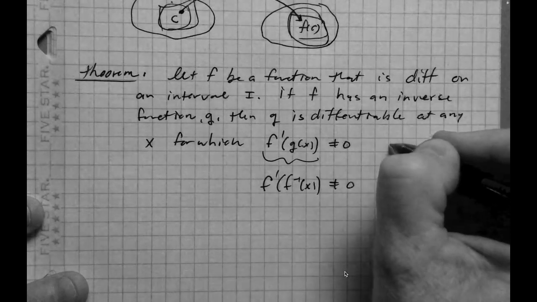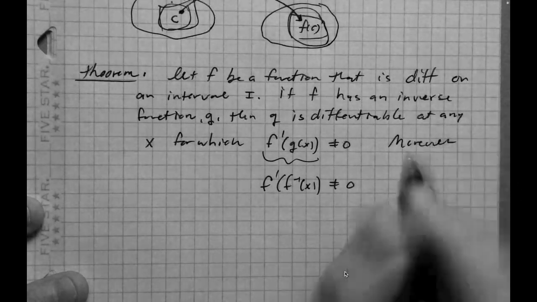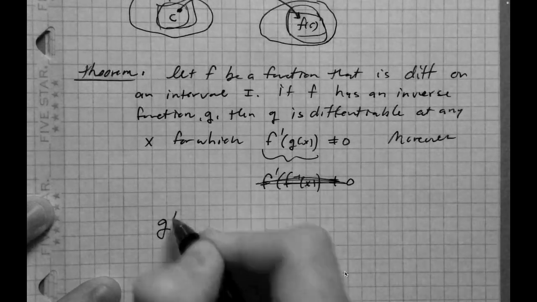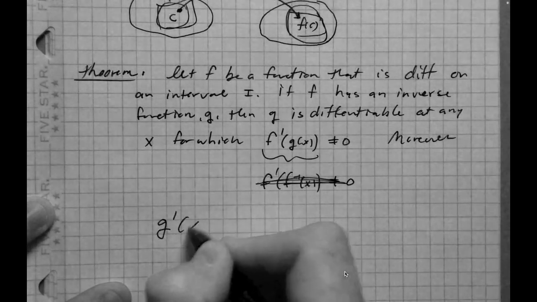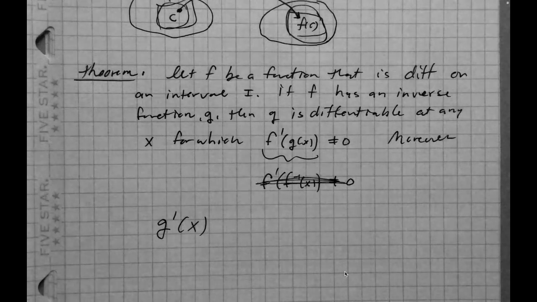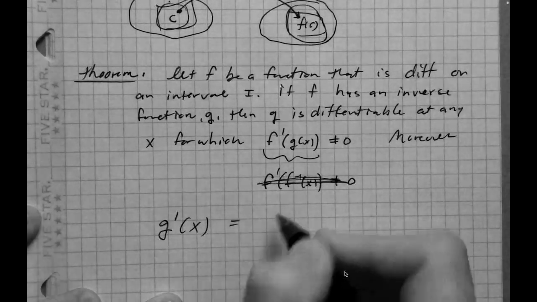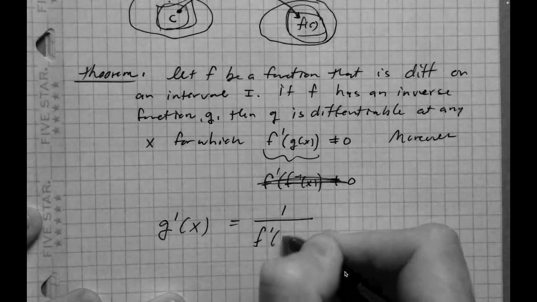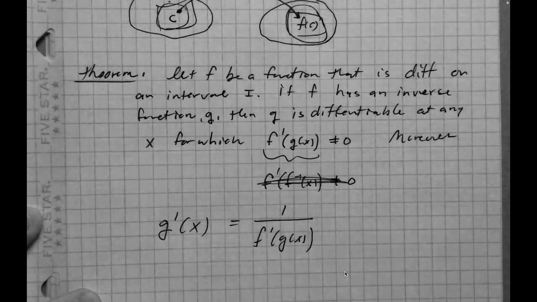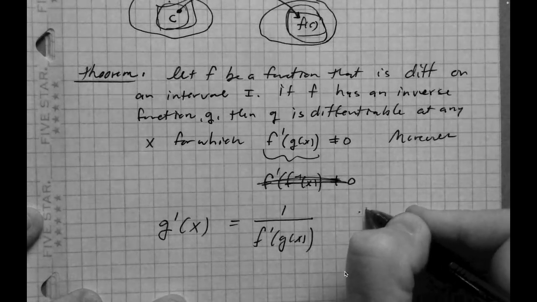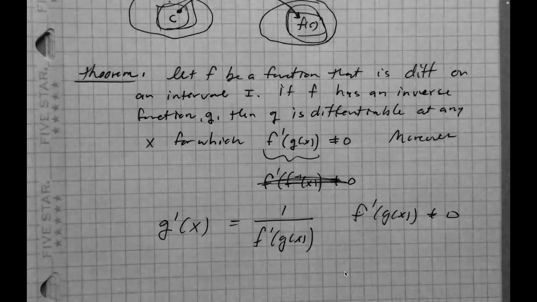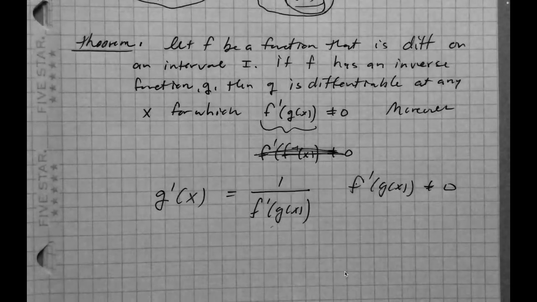Okay, and moreover, the value of the derivative of the inverse function is equal to 1 over f prime of g of x, provided, of course, wherever f prime of g of x is non-zero. Naturally, because you can't divide by 0 here.